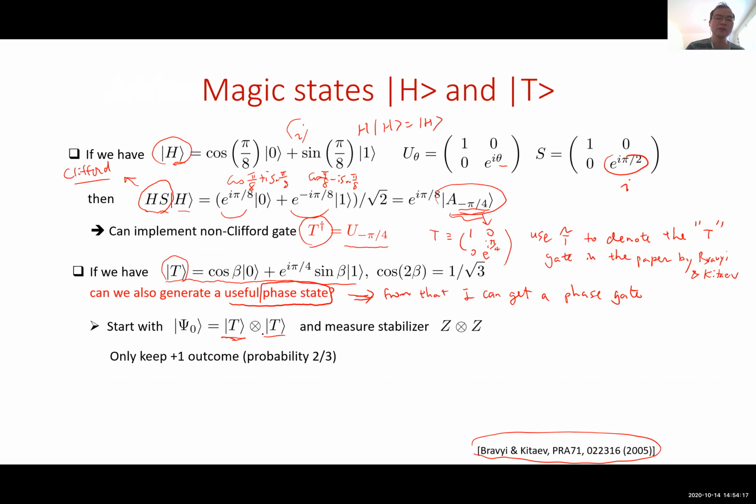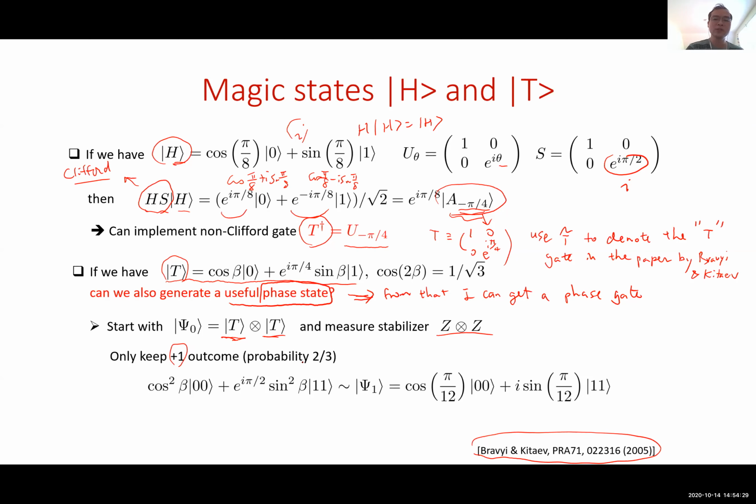So in this case, I will start with 2 copies and measure similarly the stabilizer. And this time I only keep the +1 outcome. You can check this will succeed with probability 2/3. When it succeeds, you obtain this state, because remember we were expanding. So if I want to put in more detail, you expand this cosine square. Let me do it step by step.